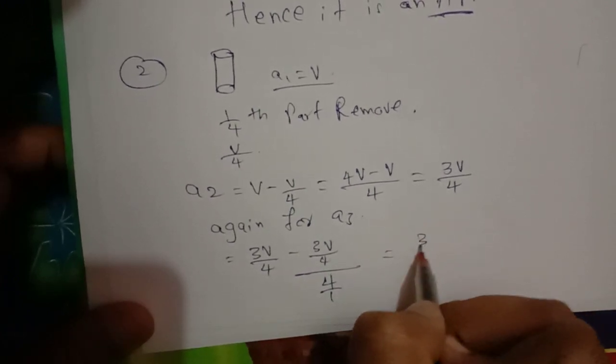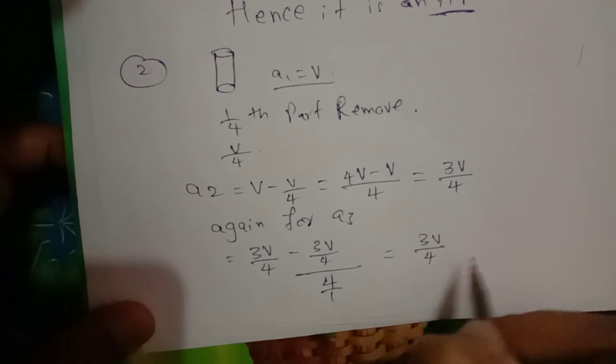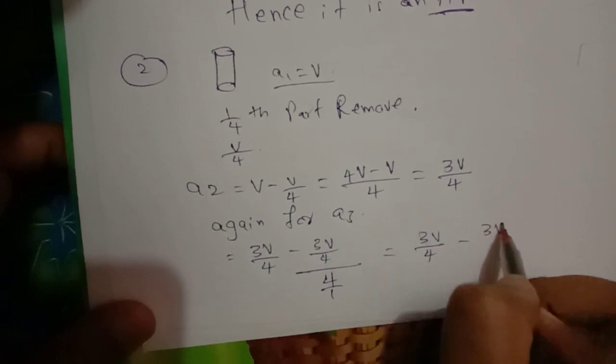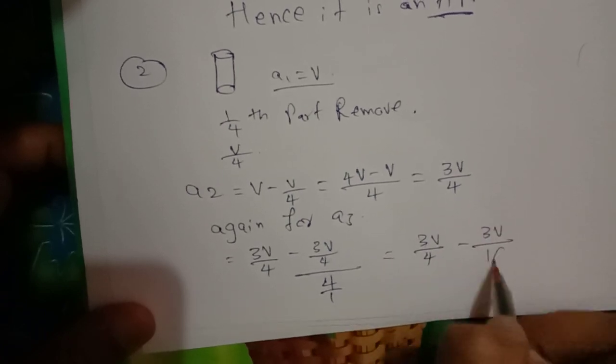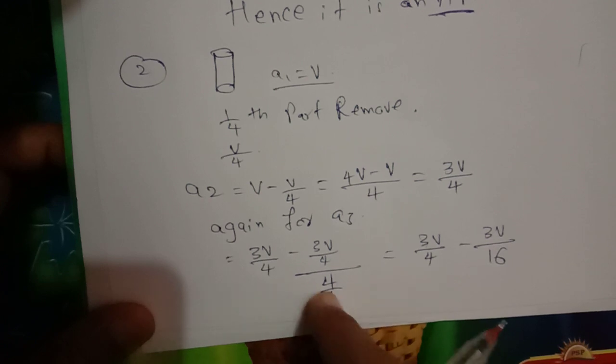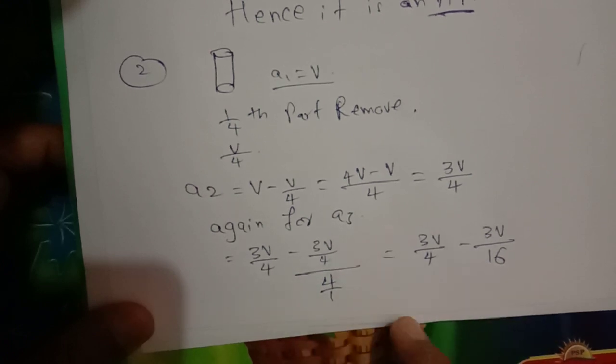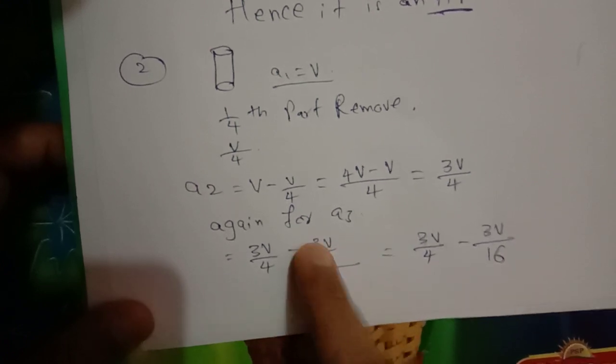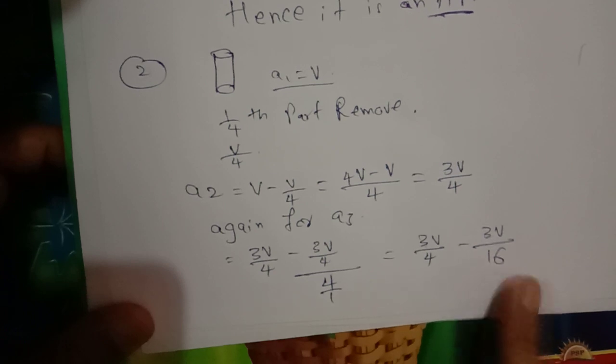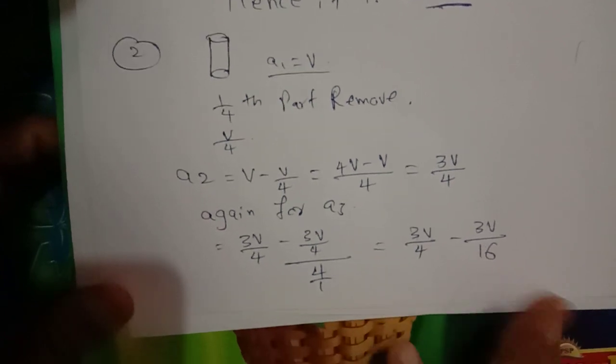So 3V by 4 minus 3V by 16. When it comes upside down, 1 by 4 becomes 4 by 1, so that is multiplied by 4. So I got here 16. So I think it is clear.